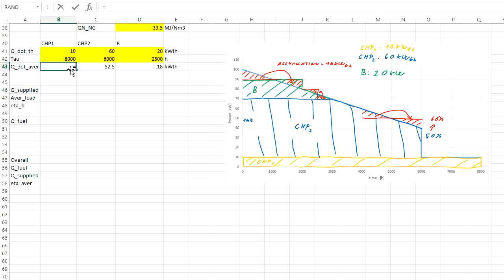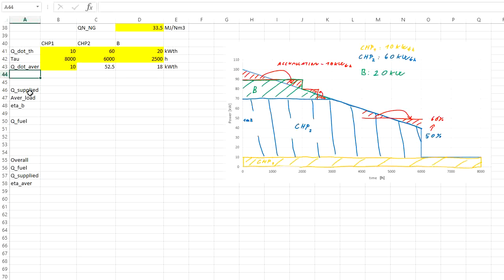And this can be also times 10 as the amount of heat, let's just keep the 10 here like this. Okay, so we have the average load.